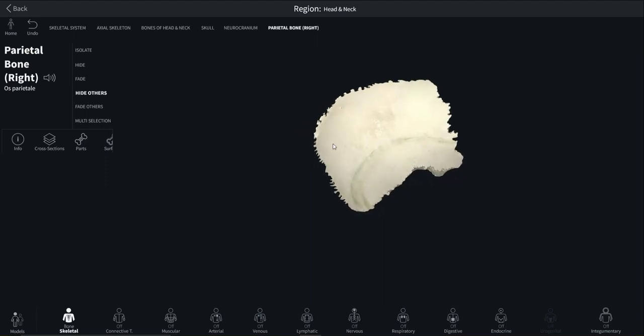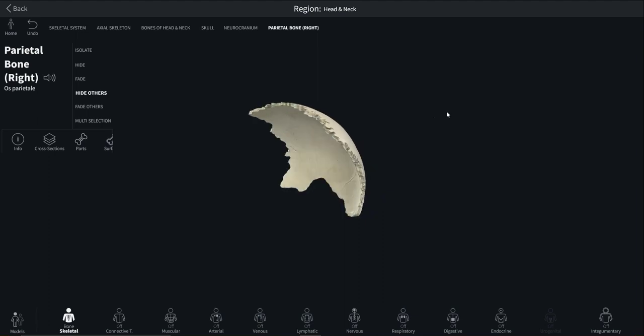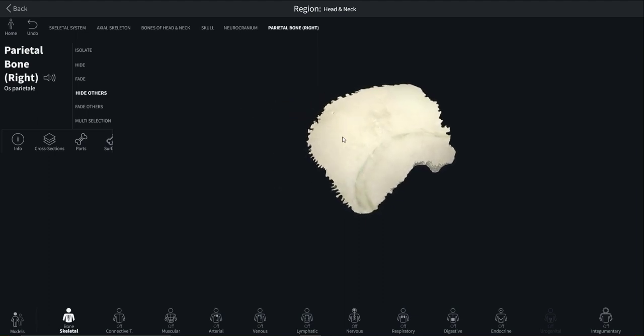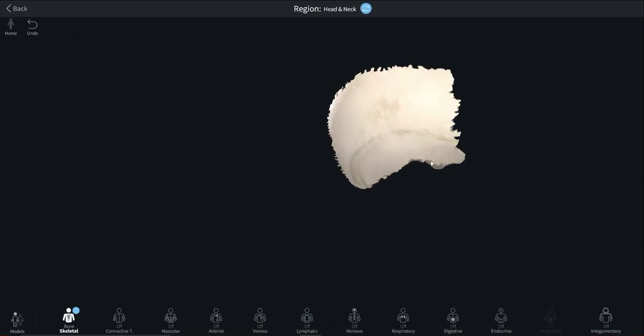The very first impression when we start studying the parietal bone is that it looks like a quadrilateral plate. It's a very beautifully geometrical bone.